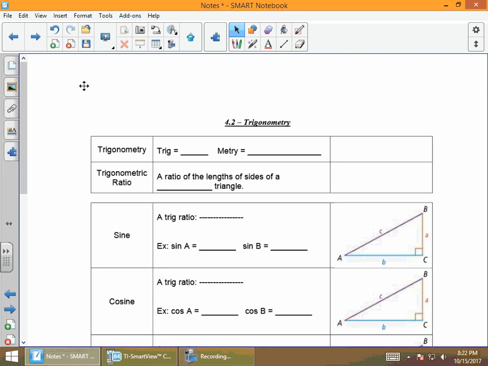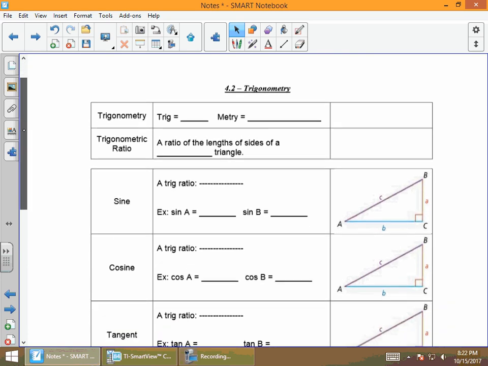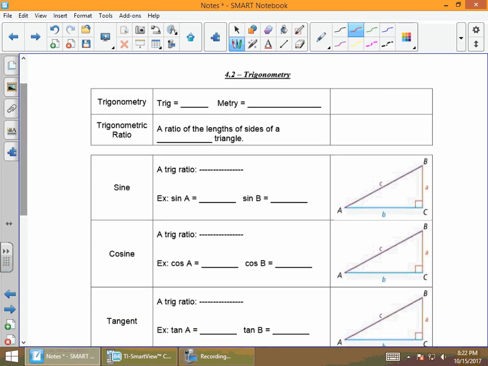And first of all, I should probably let you know that when we talk about SOH, really what we're talking about is trigonometry. In trigonometry, in a mathematical sense, we want to break down these words into their parts, where metry means measurement, and trig means pertaining to triangles.